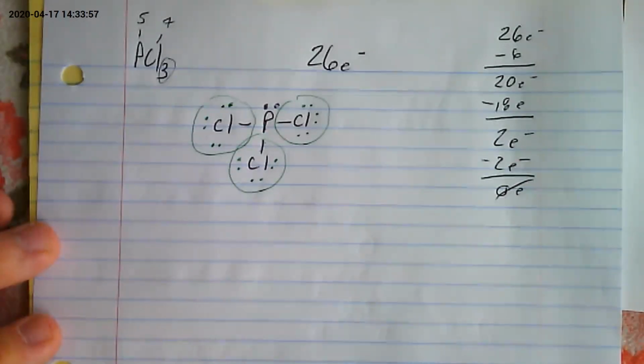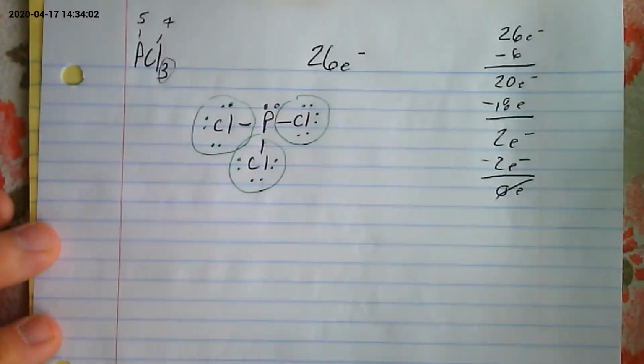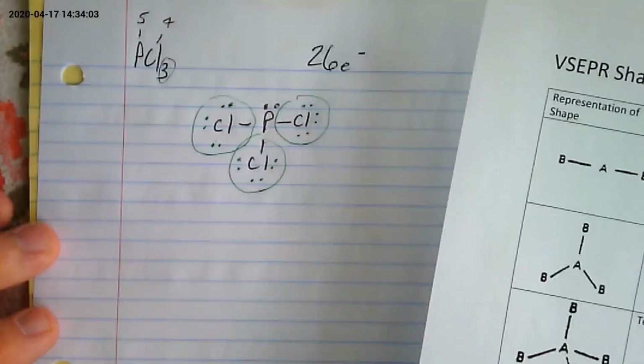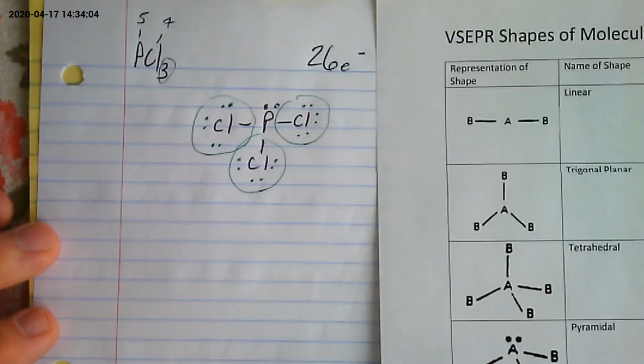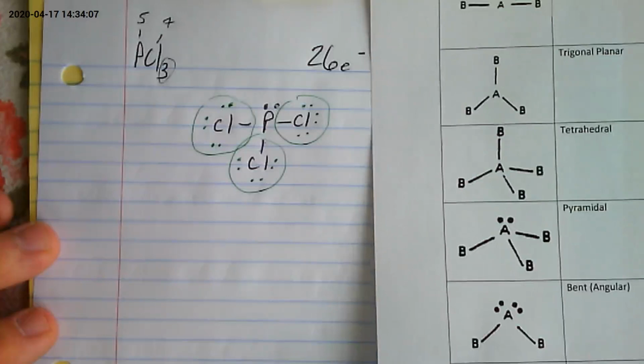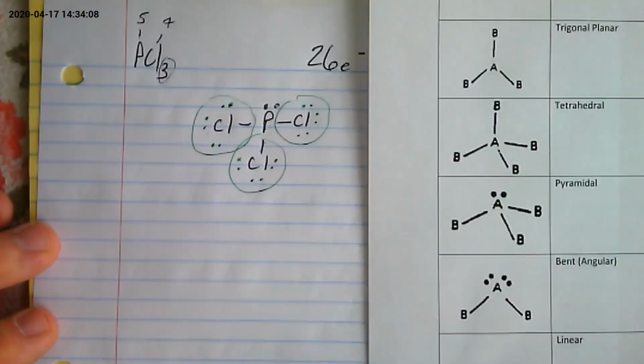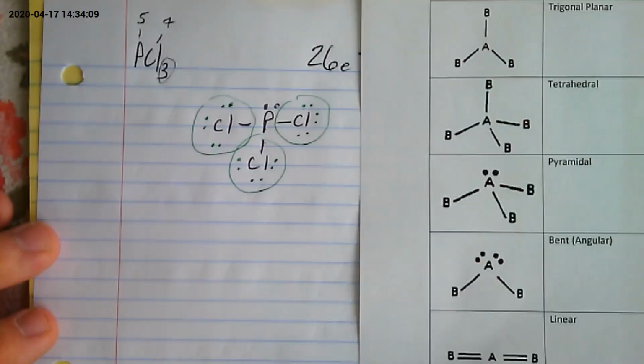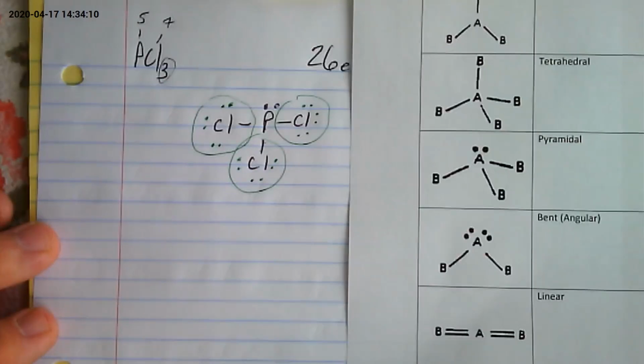So now each chlorine has 8. Now how many electrons did I just use? 6, 12, 18. I have 2 left. Phosphorus right now only has 2, 4, 6. So I give phosphorus 2 more, and I'm good.